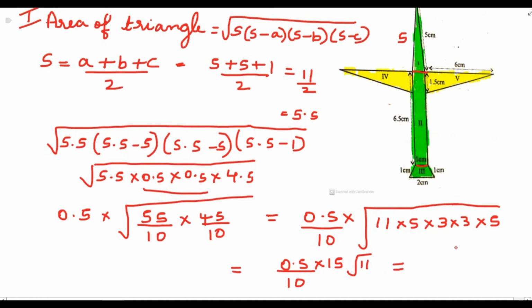When you simplify this, 15 into 5 is 7.5, divided by 10 is 0.75, into root 11, whose value is 3.317, which is equal to 2.488 centimeter square.